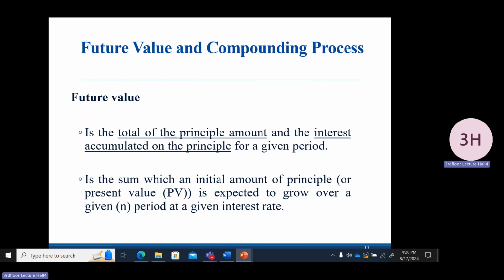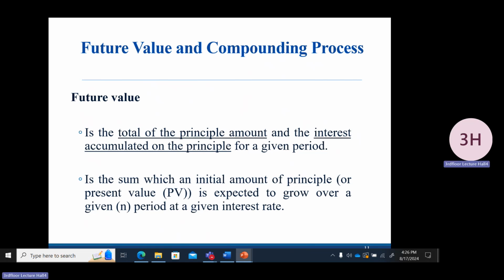R is the growth rate, or our interest rate, or our required rate of return, or our discount factor, or cost of fund, or market going interest rate. How do you calculate the R? Look at the market. Look at your opportunity cost of fund. So that is the R.